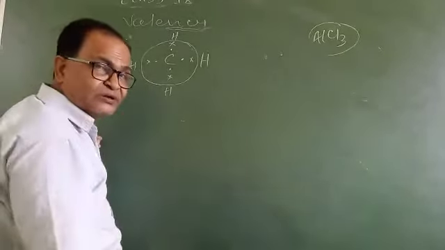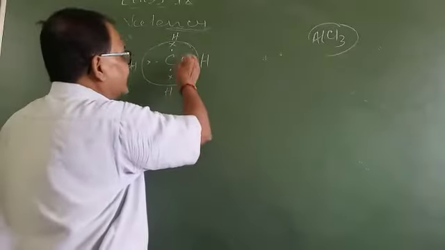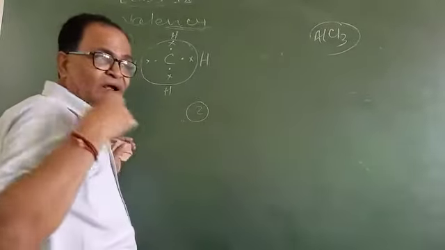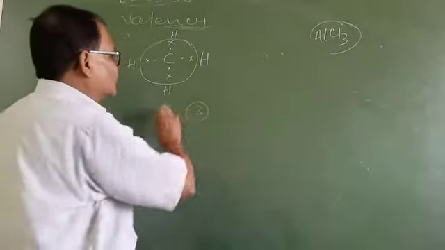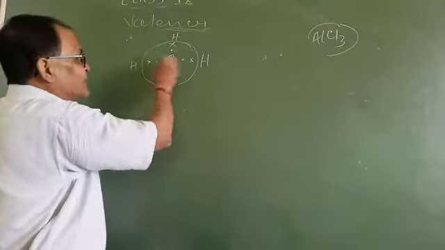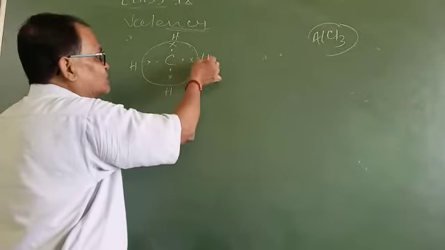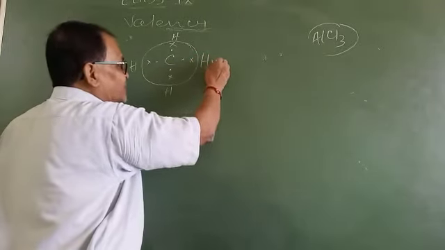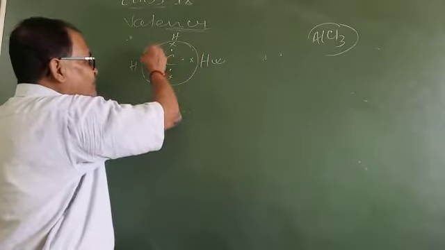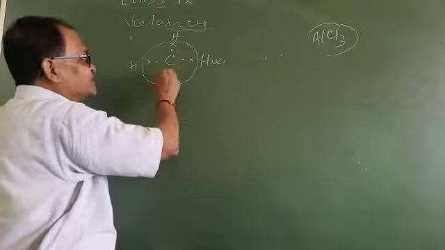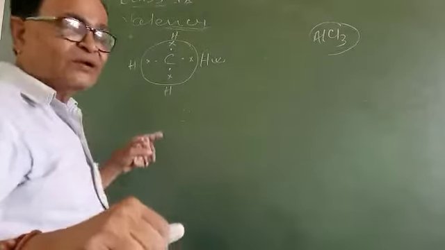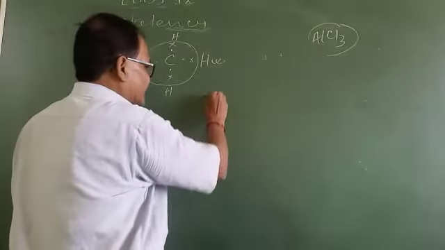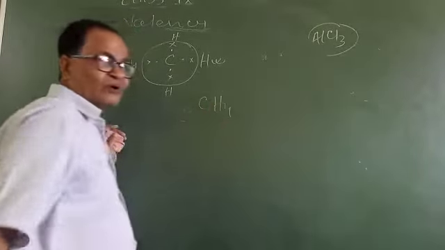Hydrogen becomes stable when its arrangement is 2. It means 2 electrons are present in its outermost shell. Here by sharing one electron of hydrogen and carbon, hydrogen becomes stable and carbon becomes stable by sharing its 4 valence electrons with 4 atoms of hydrogen, forming a compound CH4, methane.